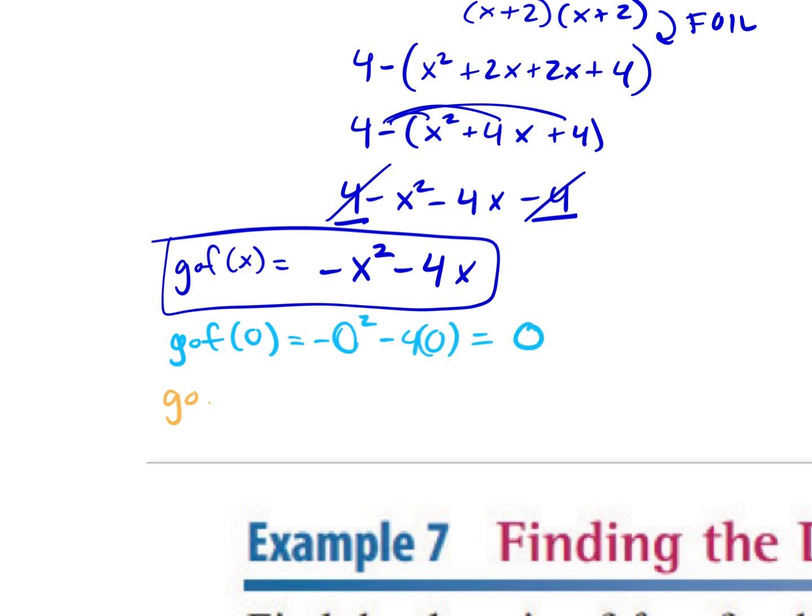And then g of f of 1 would be negative 1 squared minus 4 times 1. Negative 1 squared. Careful here, the negative is not being squared, just the 1 is. So that would be negative 1 minus 4, which is negative 5.